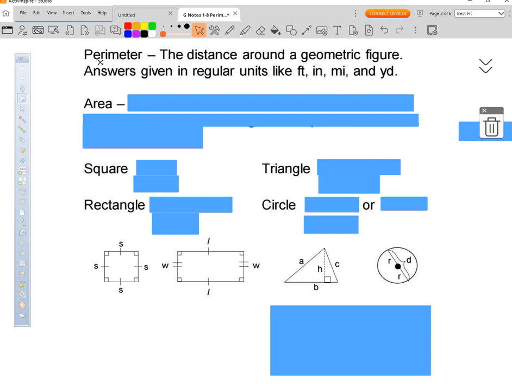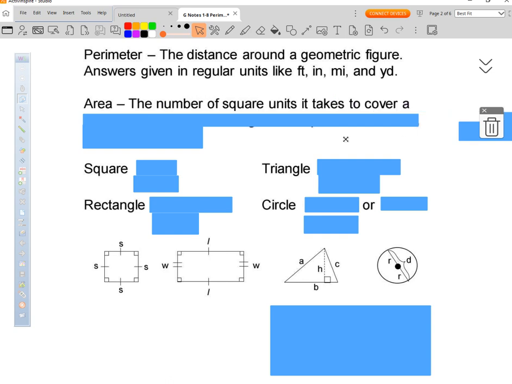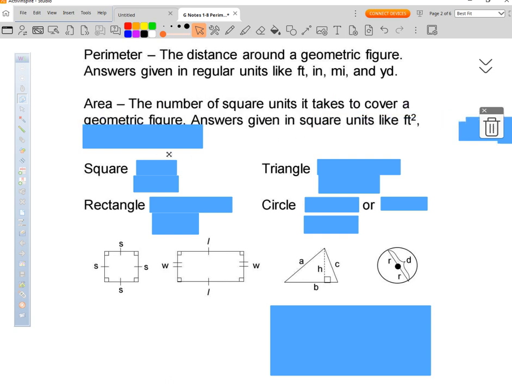You want to find the square footage or the square unit of measure that you're going to use. So the area is the number of square units it takes to cover a geometric figure. Answers are given in square units like feet squared, inches squared, miles squared, and yards squared.